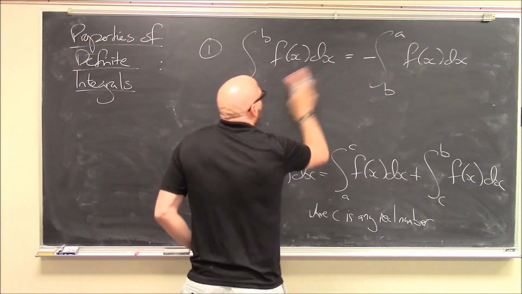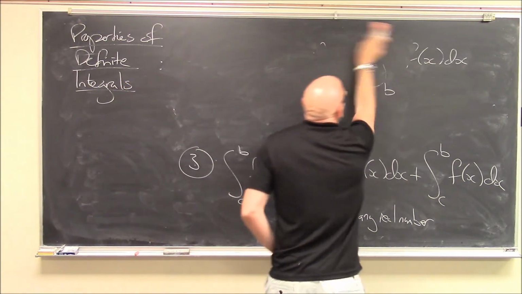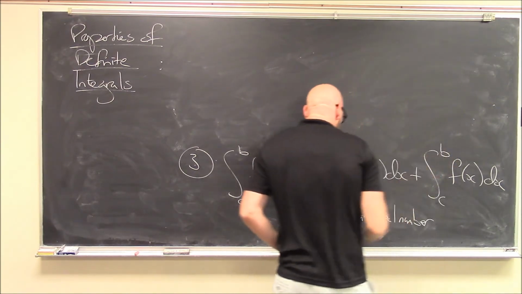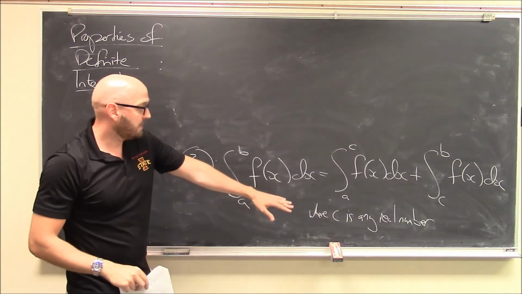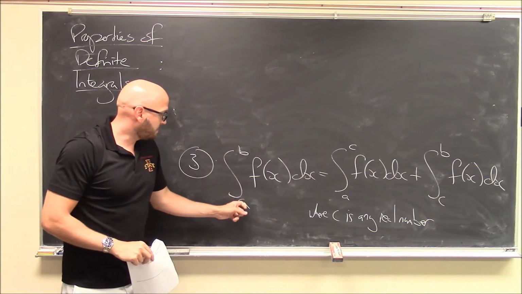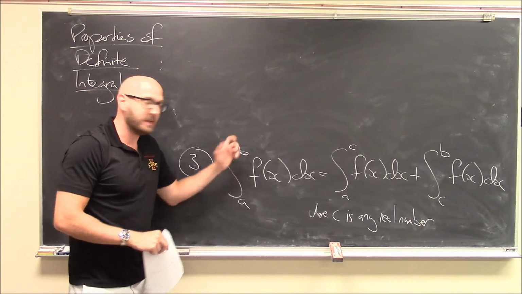I'm going to parse this geometrically in the most obvious way. I'm allowing c to be any real number, but I'm going to look at the case where c is between a and b.